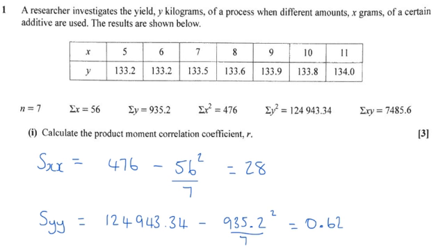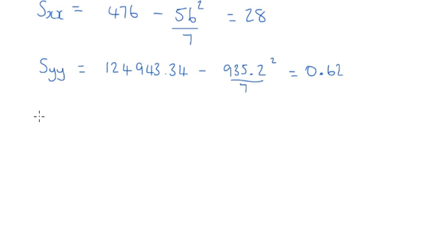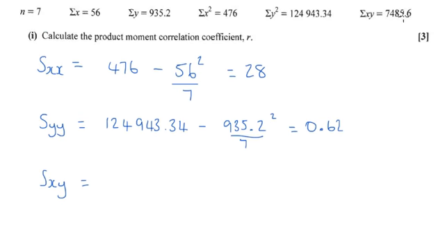and then SXY is the sum of the xy values, so that minus these two numbers times together, 56 times 935.2 over 7 again.